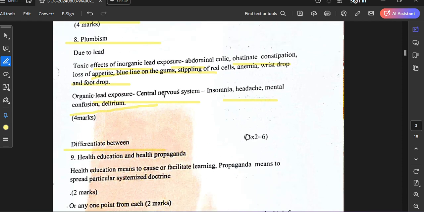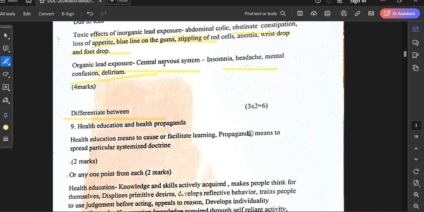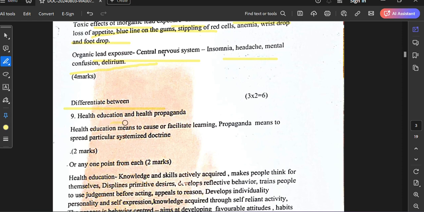Then next is a difference between question: health education and health propaganda. Though the words seem similar, they are entirely different. What is health education? What is health propaganda? Health education means to cause or facilitate learning.